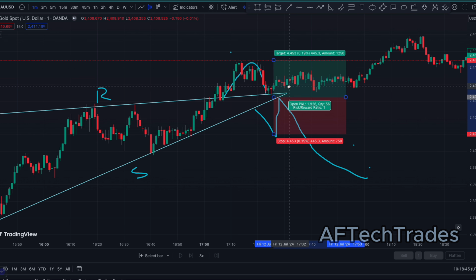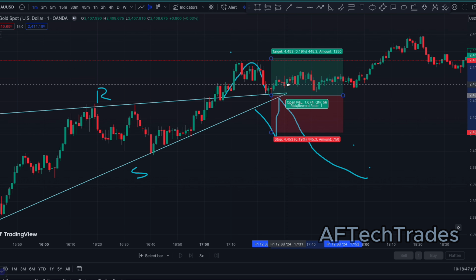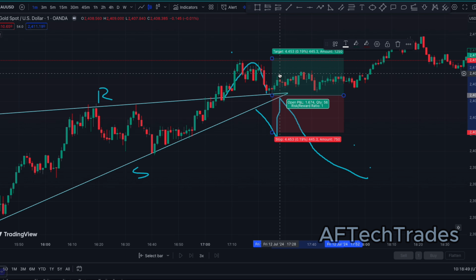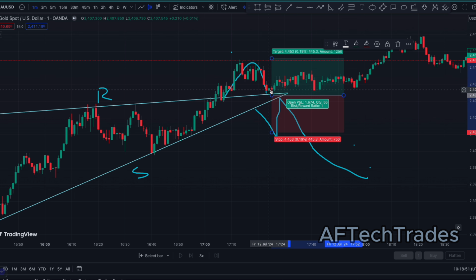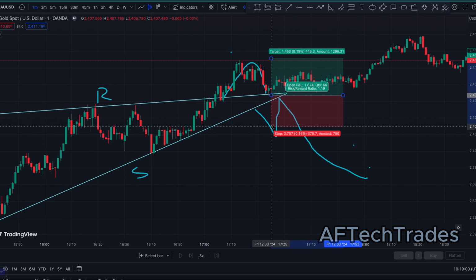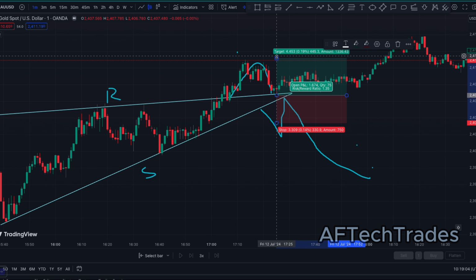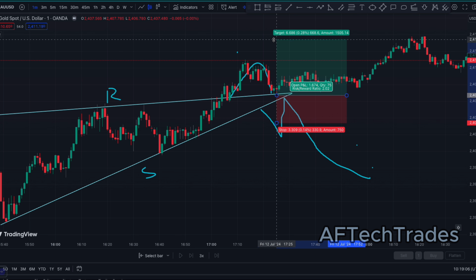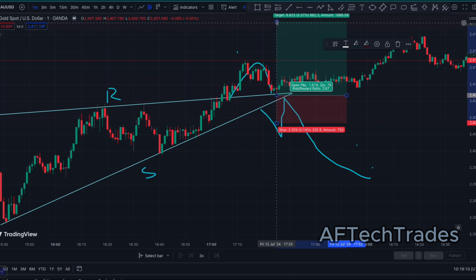Immediately after the retest, we entered the market after the close of this candle that is going up. We've set our stop loss just a few pips after the breakout, and our take profit can be 2 times our stop loss or even 3 times our stop loss.